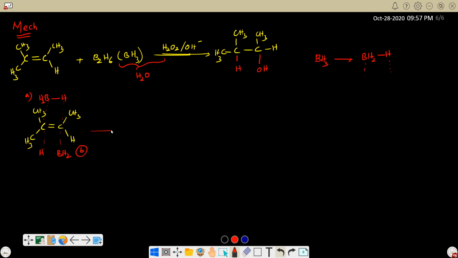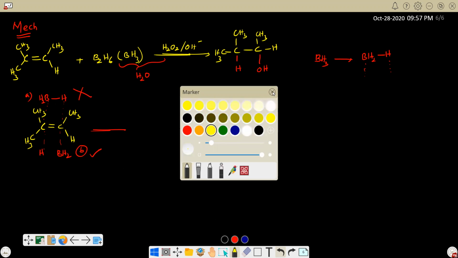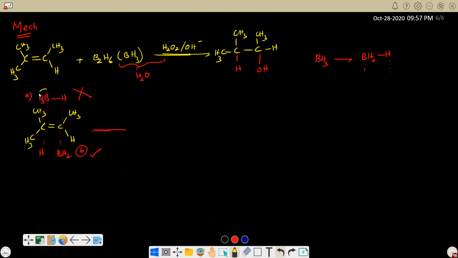It is an important step. This second orientation is not possible. Why is the second orientation not possible? Can you tell any particular reason? Because this BH2 group would be oriented towards the more sterically hindered side. Let us put C1 carbon here and C2 carbon here, right?